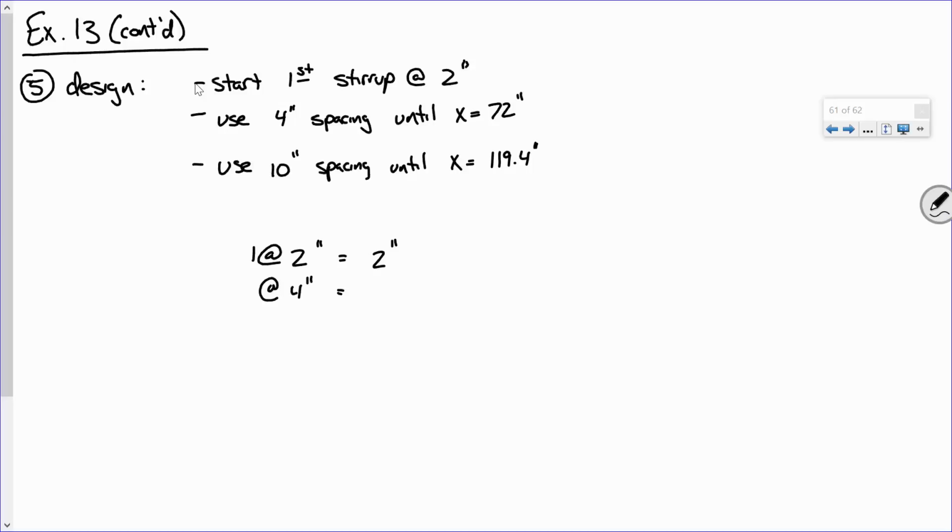What is 70 divided by 4? 17 and a half. That means I need to use 18 stirrups at 4 inches, which is going to be 72. Okay? Now I'm allowed to use 10-inch spacing. Now, how much of the beam have I traversed?